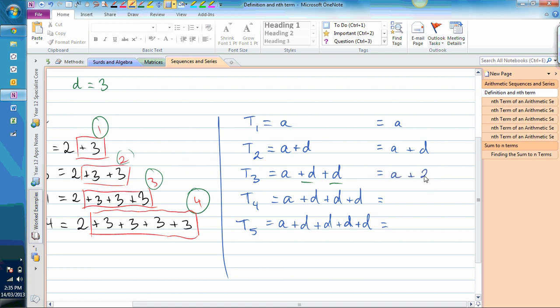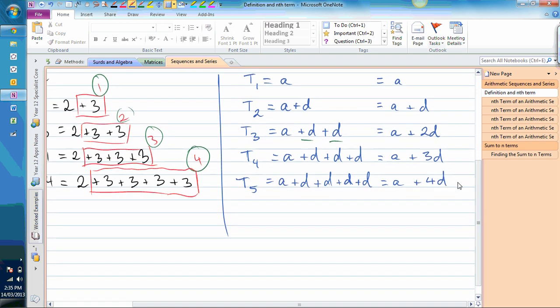So I'm going to write that as a plus 2d. This one here, 1, 2, 3 of them, so it's a plus 3d. This one here is a plus 4d. Now we've already noticed that the number of d's that we're adding together is 1 less than the number of the term. That's why it's a 3d and it's term 4, a 4d and it's term 5.